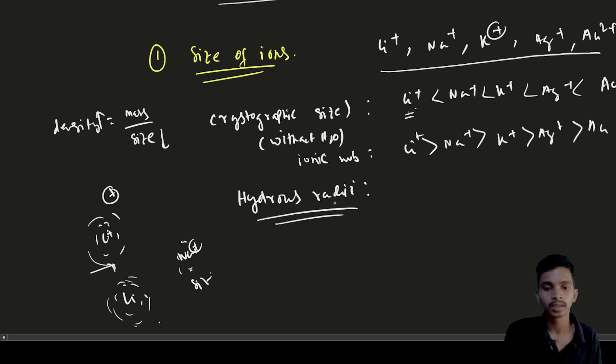Now for the hydrated radius, since water molecules get attracted, this takes more space because its size is small, so more water molecules get attracted and it becomes a bulky sphere. So now the size of Li with its hydration sphere increases.